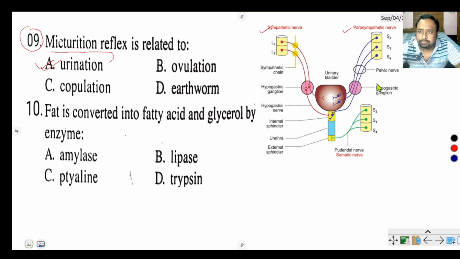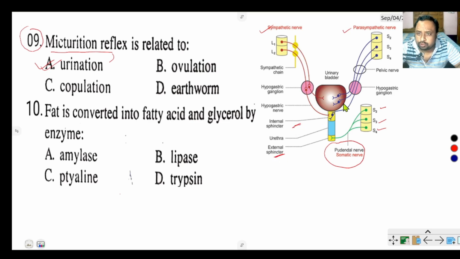Parasympathetic nervous system, like the pudendal nerve or somatic nerve that arises from cervical 2, 3 and 4 of the vertebra, regulates the external sphincter and internal sphincter.